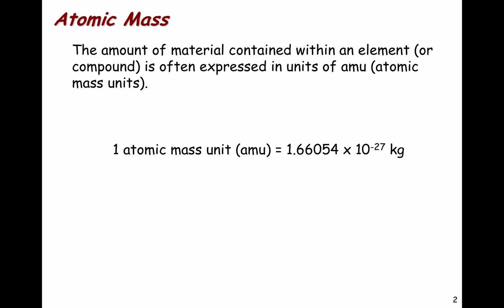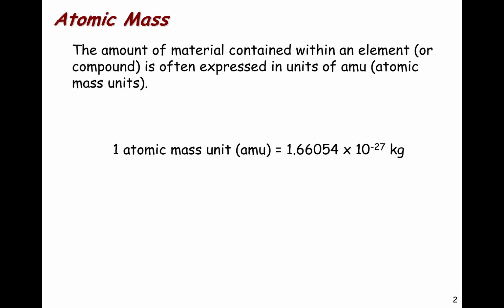Turns out that the AMU is defined in terms of the mass of one of the isotopes of carbon. Hence the 1 AMU is 1/12 the mass of the carbon-12 isotope.